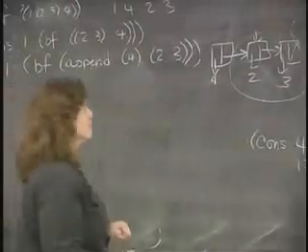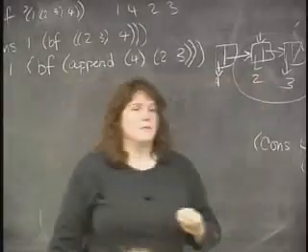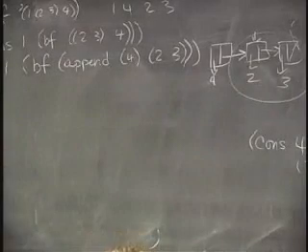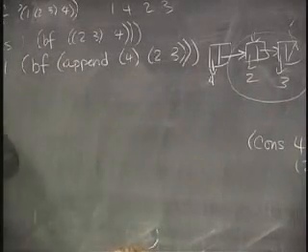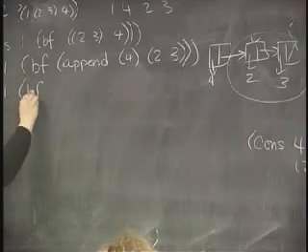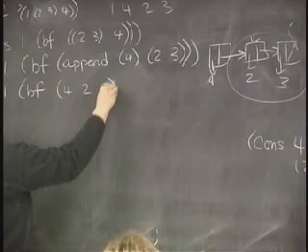But let me just do it myself and erase it. Now I have the list 4, 2, 3 being passed to breadth first. Okay, so this becomes cons 1, breadth first, 4, 2, 3.